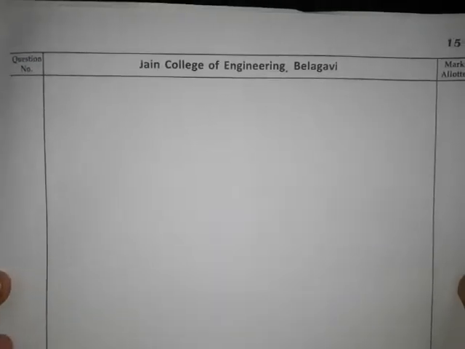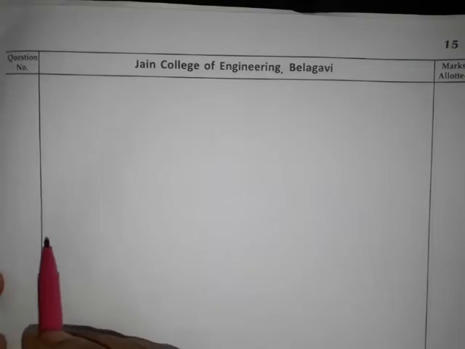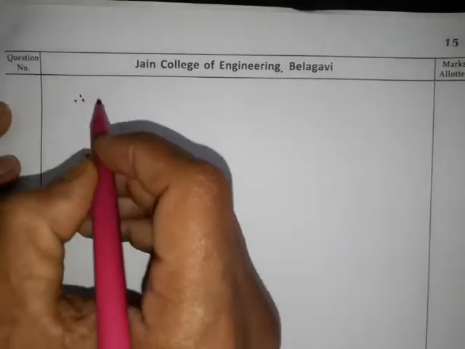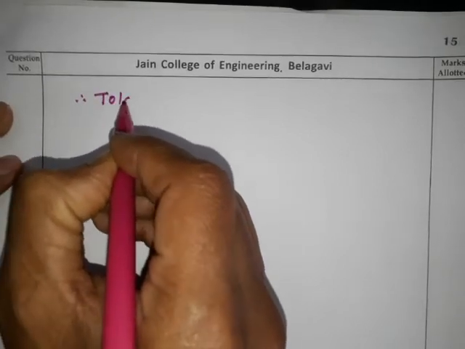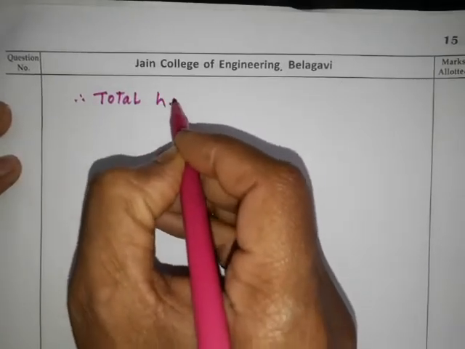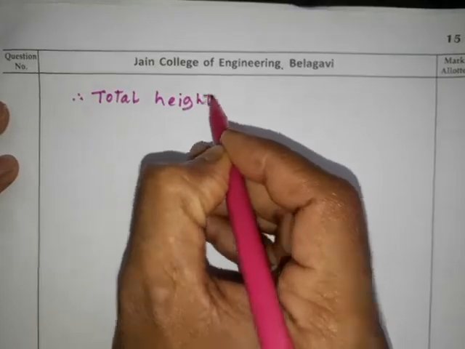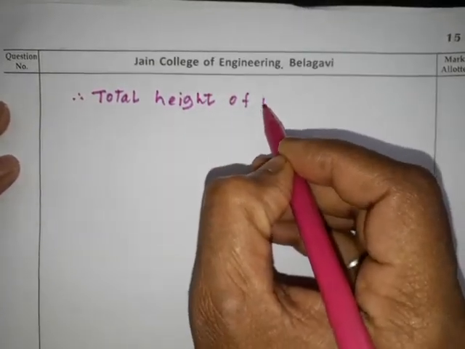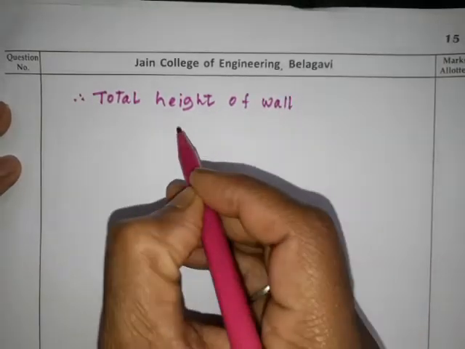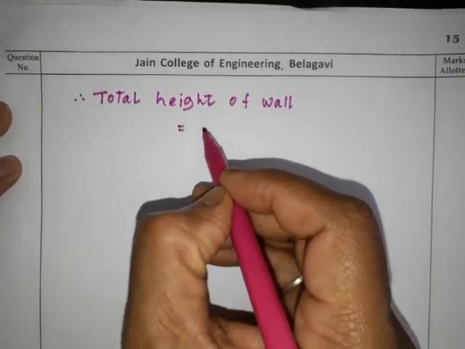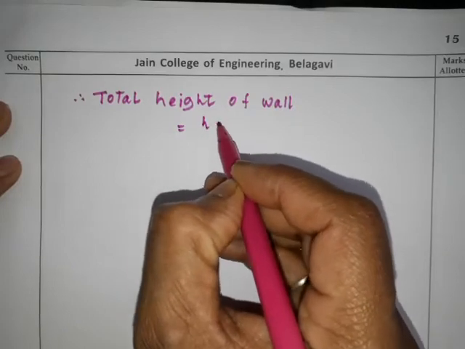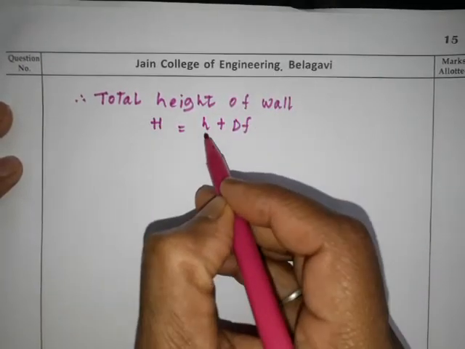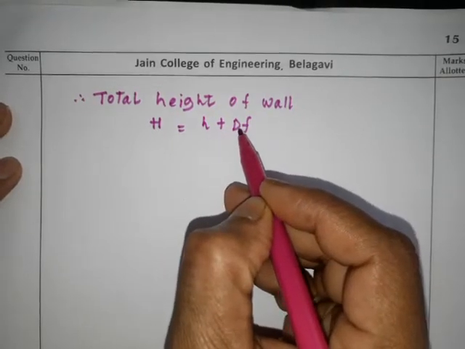Okay. So here, therefore total height of wall, it will be above ground level, that is H plus depth of foundation, the total height capital H, that is the above ground level plus below ground.